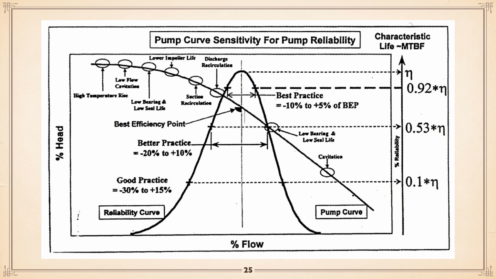Again, that's wonderful if you can do it. The better, the better. It shows you the effects of what happens as you move away from best efficiency point. But a sloppy quick rule is plus or minus 50%. Don't go beyond that, and certainly not with solids handling pumps.